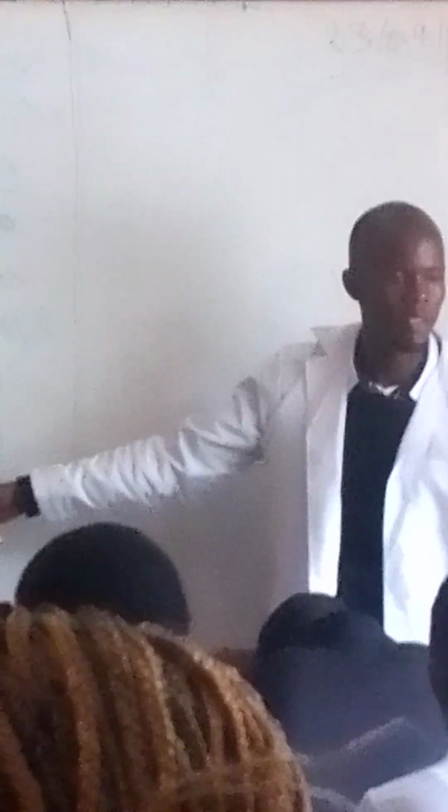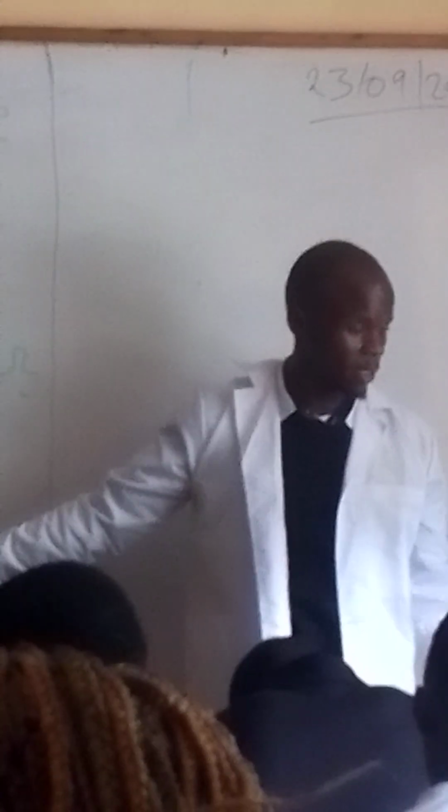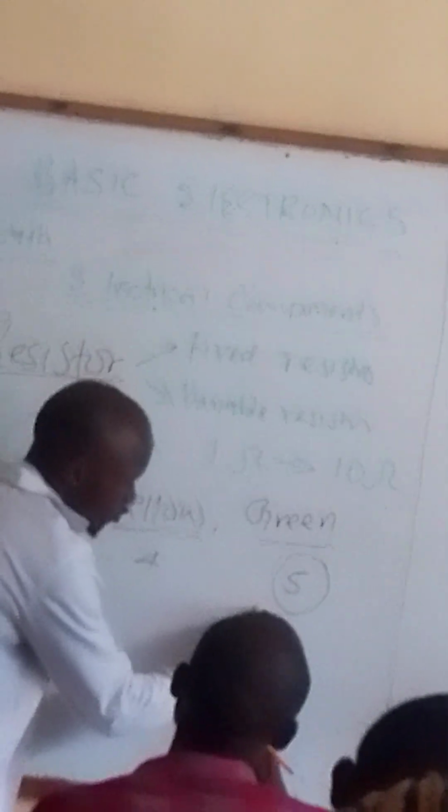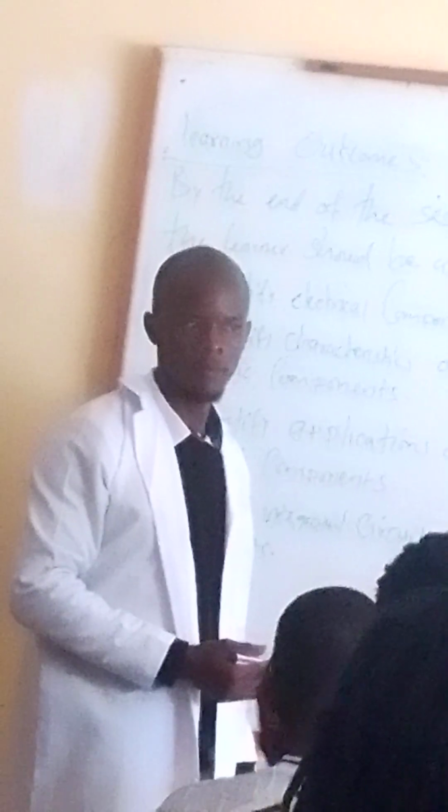First significant figure, second significant figure, and the third one is the multiplier. So you multiply by 10 raised to 5. Those are the number of zeros you add in front. So here we have 24 multiplied by 10 raised to power 5.